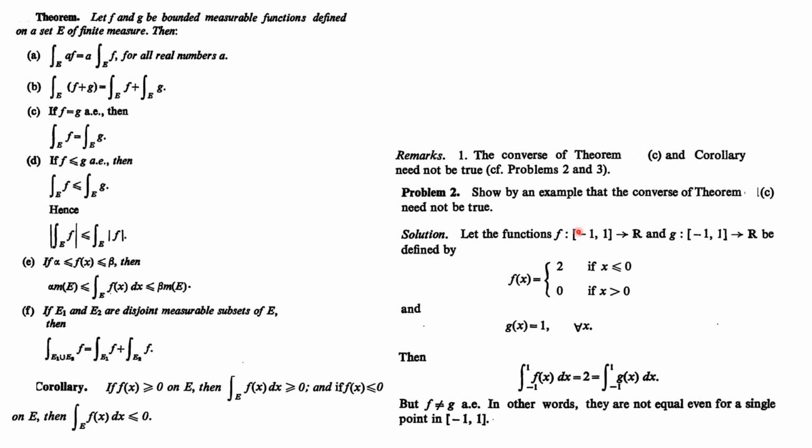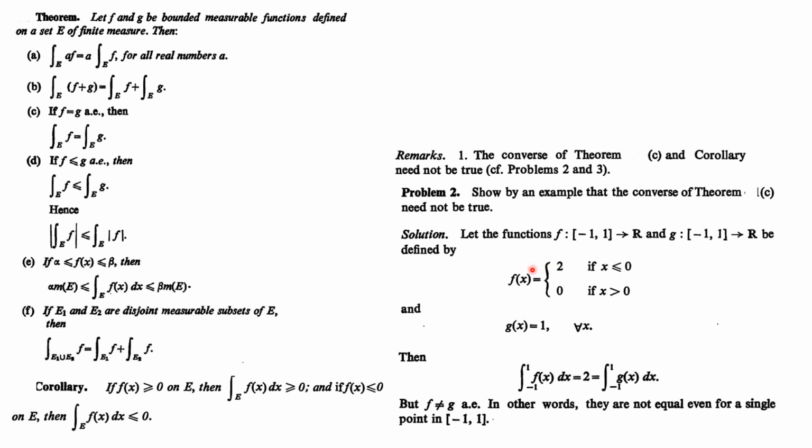For example, let f and g both be functions on the same interval -1 to 1, defined like this: f(x) is 2 when x is negative, it is 0 when x is positive, and g(x) is 1 for all x.